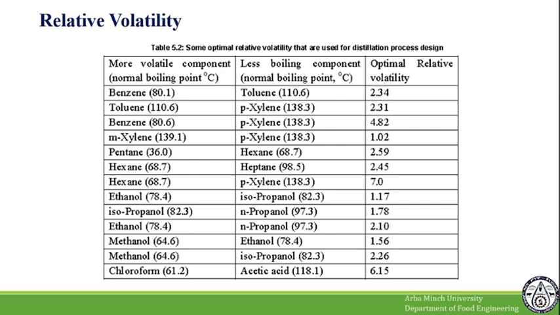However, when we look at chloroform and hexane, hexane has the higher volatility, so it has 7, and chloroform has 6.15. This indicates that in some cases, as temperature decreases, the relative volatility increases. And this is all we have.